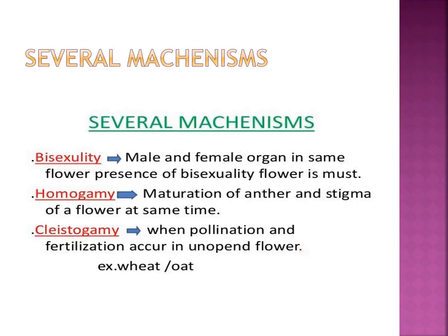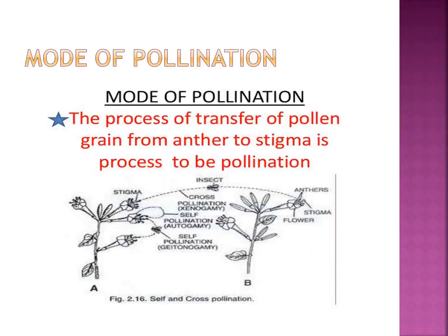Examples are wheat and oat. Next one. So modes of pollination, you see in this picture. First picture A, the stigma. So B, the anthers and stigma, this is the flower.